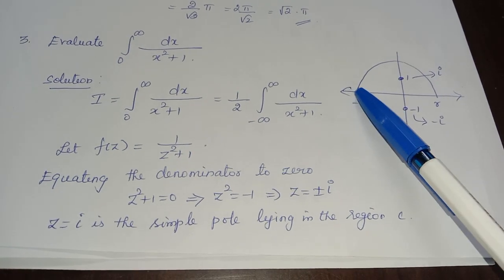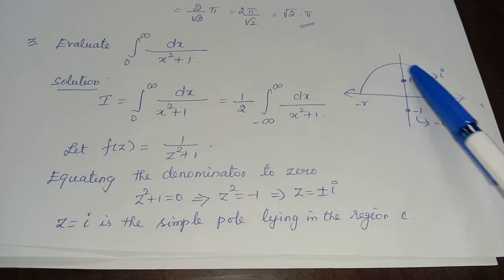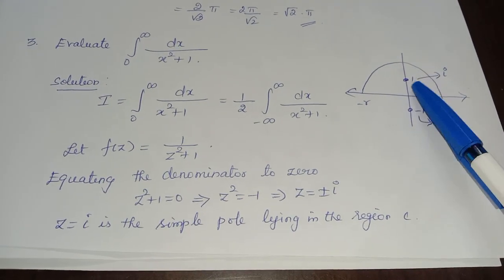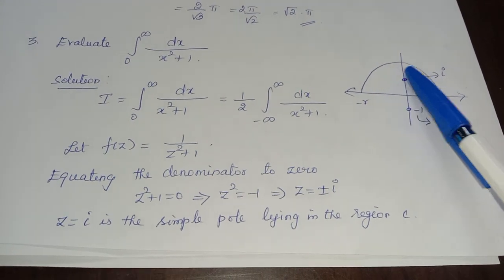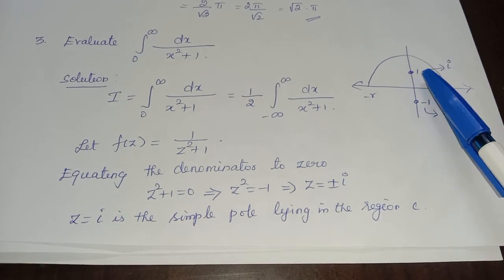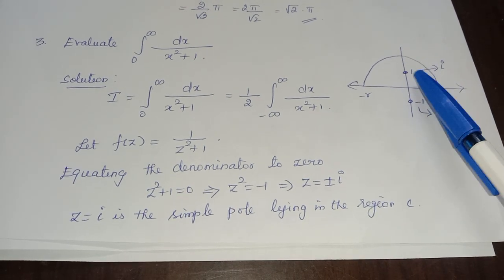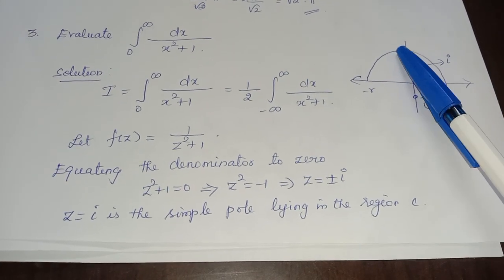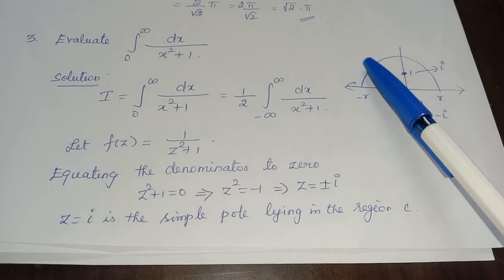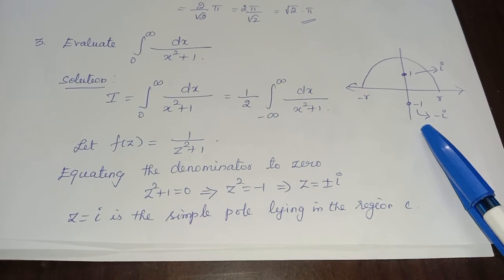This is bounded by the line segment minus R to plus R and this arc, arc of the semicircle. So in this portion only you have to verify which of the poles are lying inside or not. For type 2 and 3, it's very easy to verify whether it is lying inside or outside. If it is lying on the upper half plane, it is inside. Lower half plane means what? Outside.